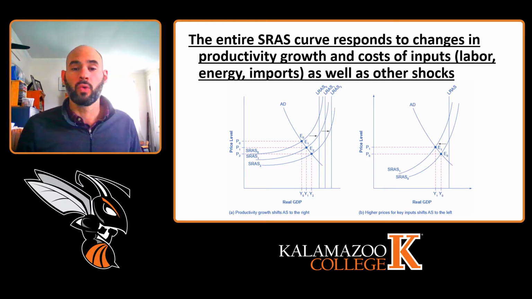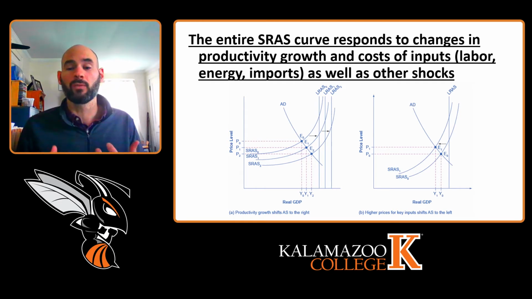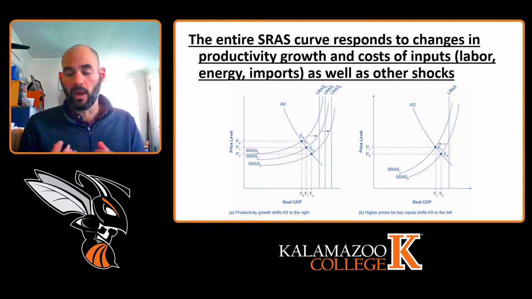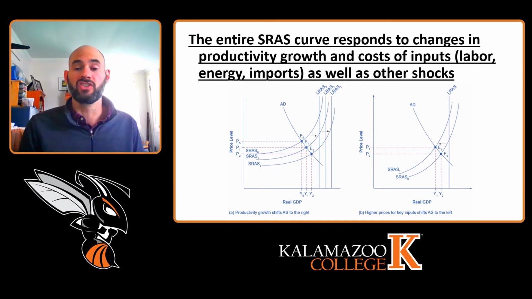And so when we think about changes in productivity growth, we want to think about how closely related both of these are to the market forces which lead to changes in supply in the microeconomic model of supply and demand. That when we have an increase in the price of an input, then we have a leftward shift in the supply curve in that market.